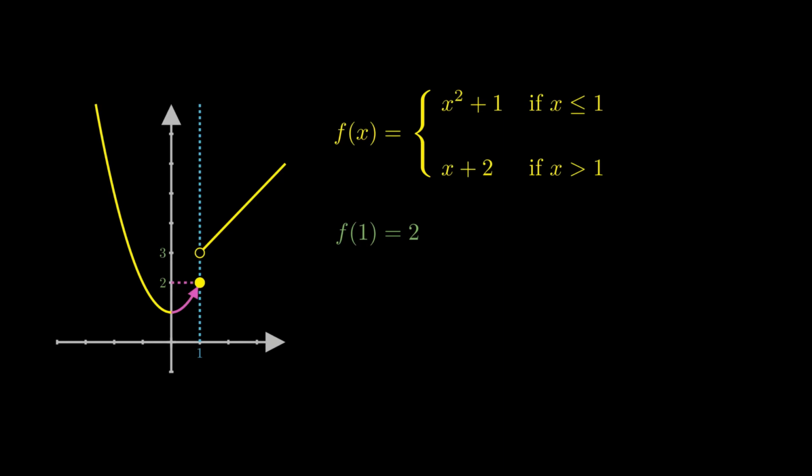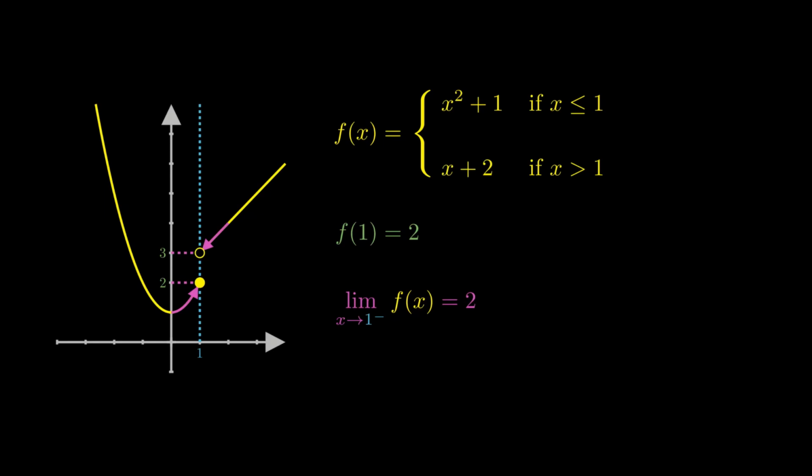Sometimes we can write this limit from the left like this, the limit as x goes to 1 minus, to mean as it goes to 1 from the negative direction. And so in this case, we have the y value sliding towards 2. But from the right, we need to slide across the straight line like this. So the y value is clearly sliding towards, well, 3 this time. Remember, for the purpose of the limit, we don't care what f of 1 actually equals.